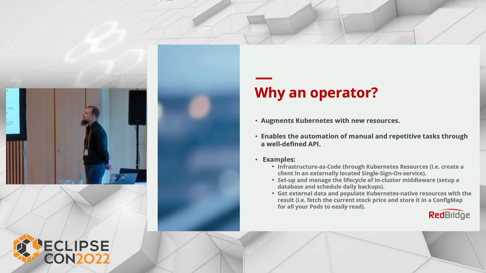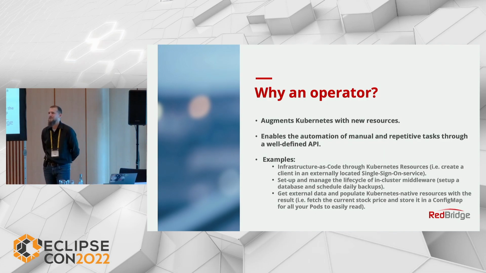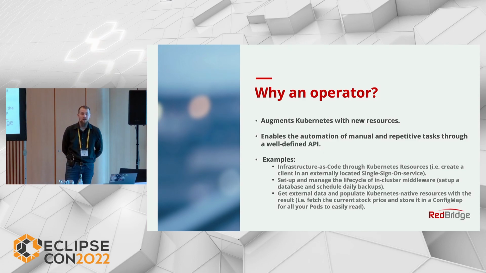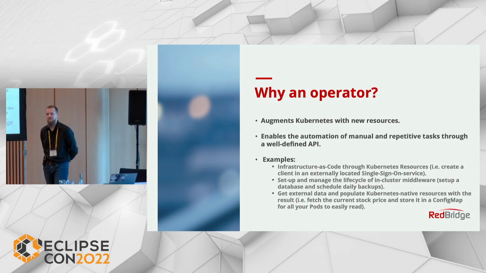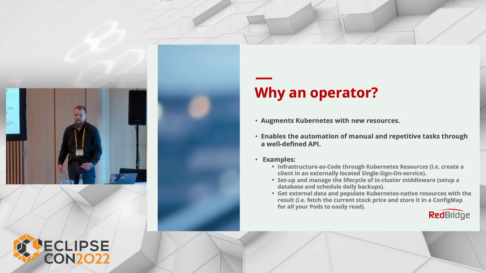So why an operator? Well, first and foremost, we want to augment Kubernetes with our own APIs, right? We want to add something new to Kubernetes, something that it didn't do before, but that we want it to do for us.